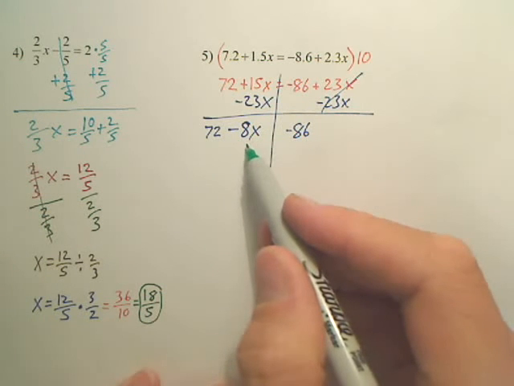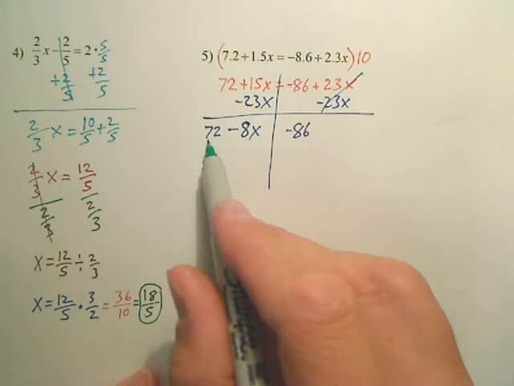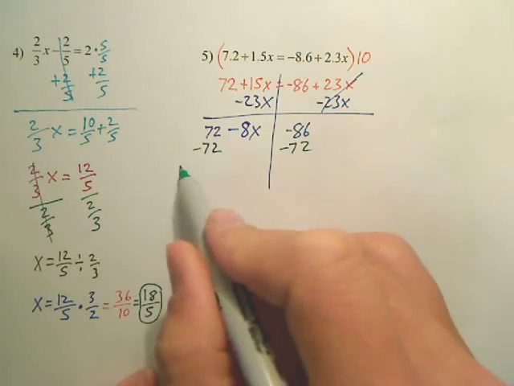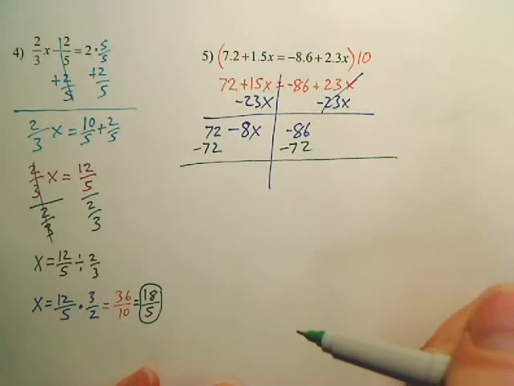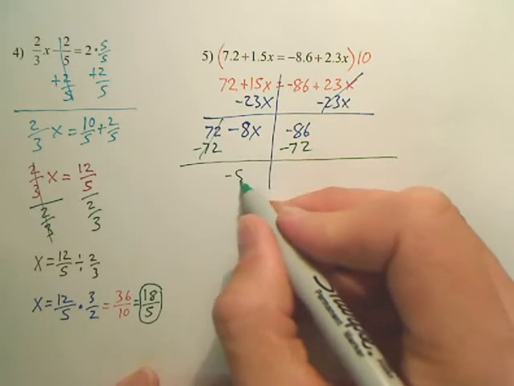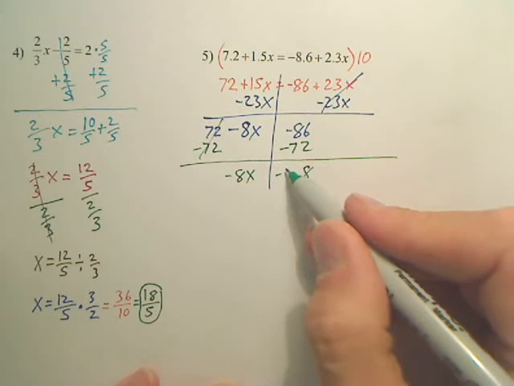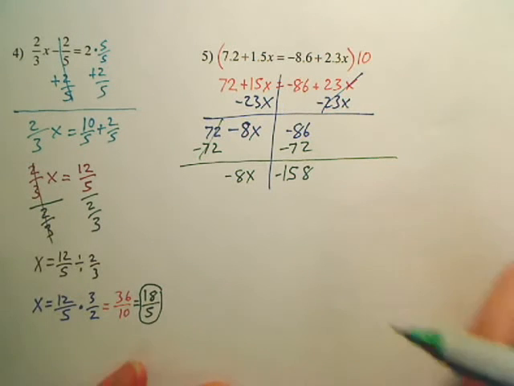The x's are all on the left. So I need to move this positive 72 over. So I'm going to minus the 72. I hate big numbers like this. Gone. These two give you negative 158, it looks like. Getting some big numbers.